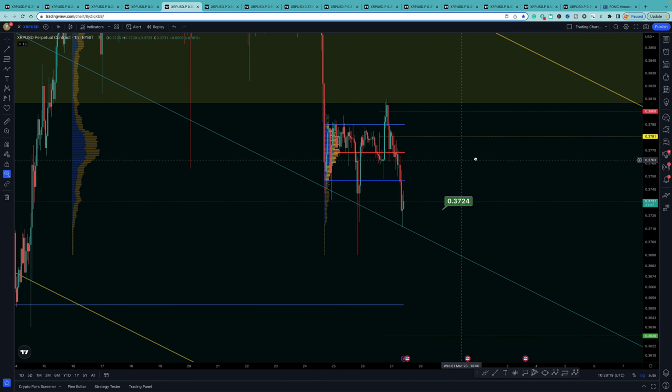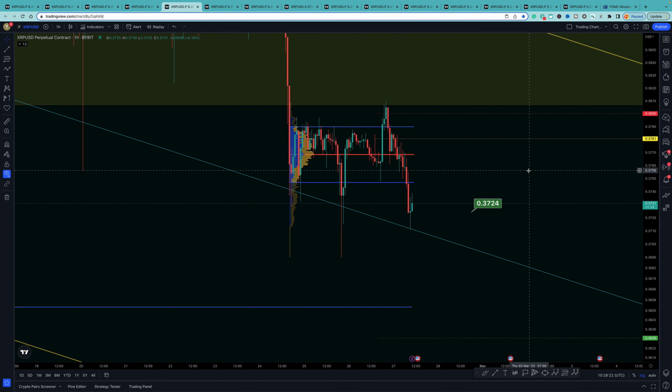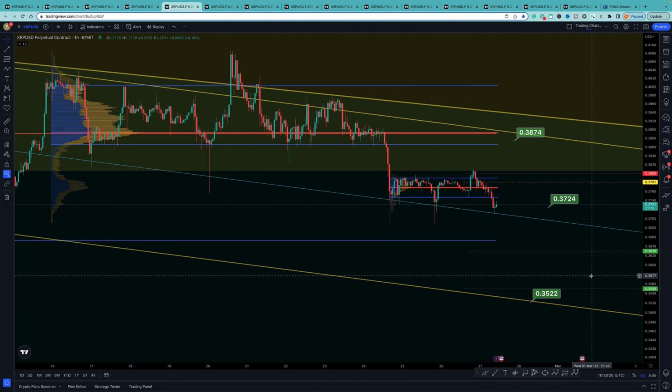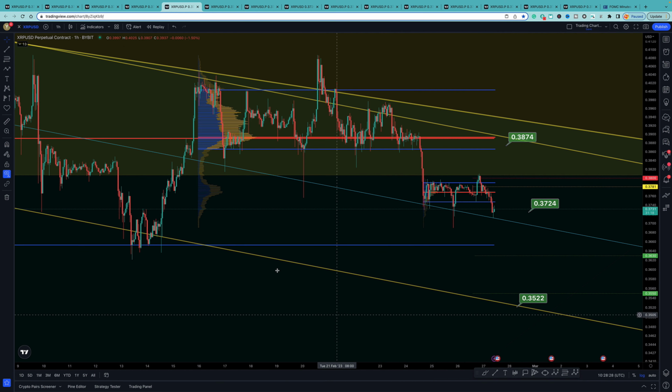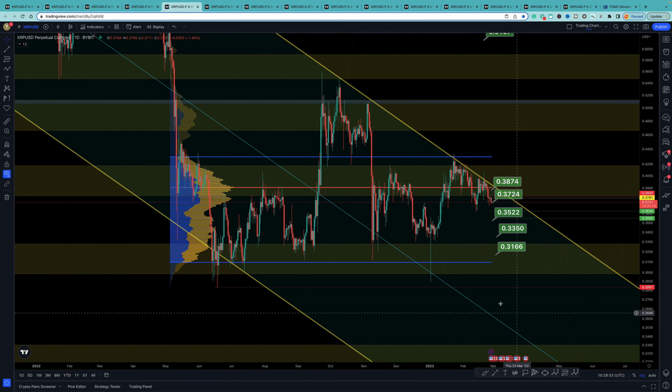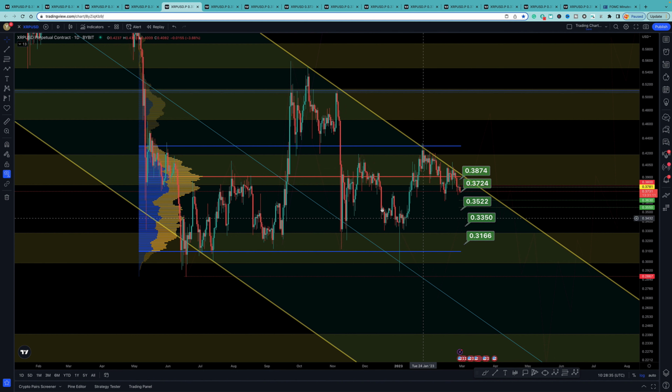So when I move into here, this is where I'm zooming in more closely now. You can see this is on the 1 hour, so maybe I'll go out to the daily to show you briefly, because we're looking at consolidation patterns.